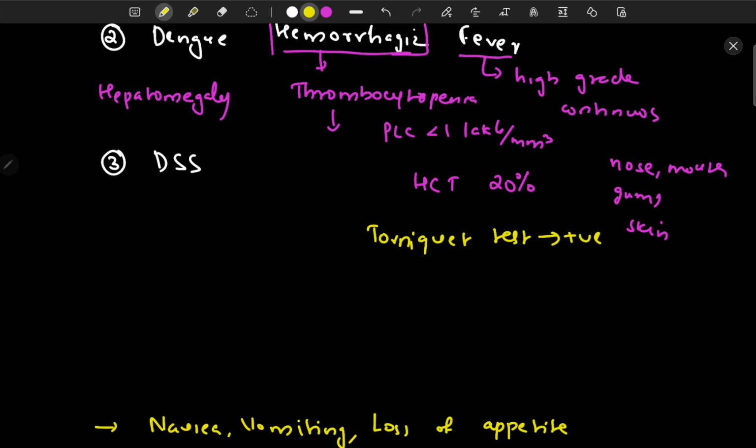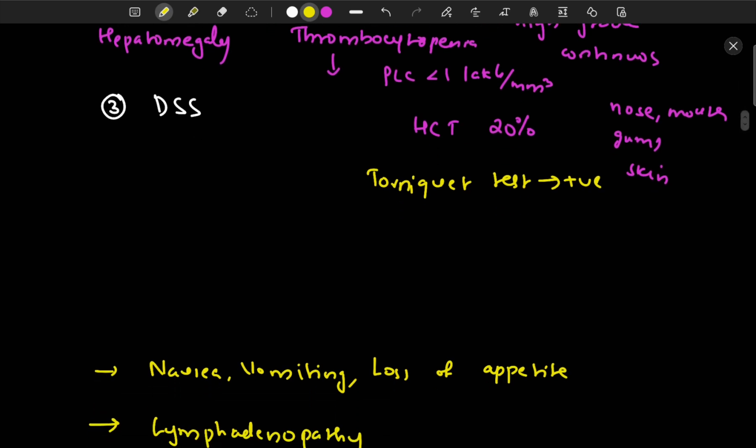So what is this tourniquet test? Suppose you are measuring the patient's BP using a BP cuff, and for example you get the BP as 100/70 millimeters of mercury. You have to inflate the cuff to a point midway between the systolic and the diastolic blood pressure.